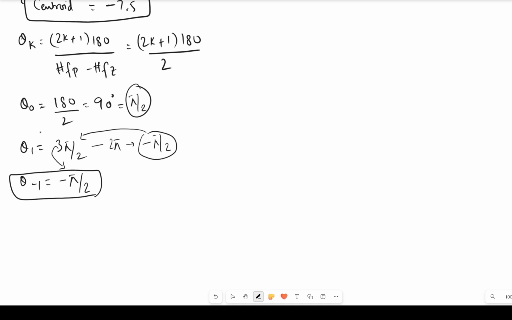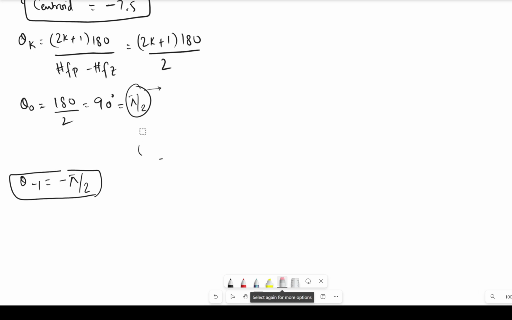So if you now put 2 in this equation, you'll get the same angle, which is the same thing as pi by 2, right? I'm just writing these two for the sake of solution. I put k equals 0 to get pi by 2, and to make it look better, I put k equals minus 1 to get minus pi by 2.